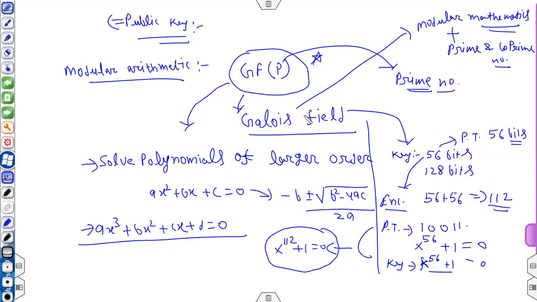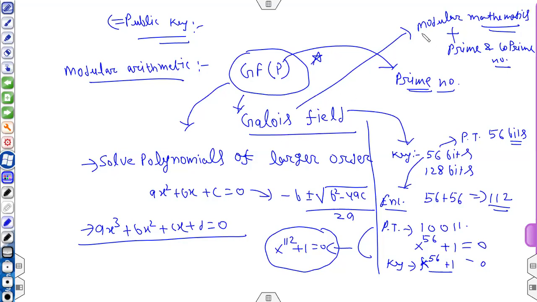With the help of Galois field, we get correlated sub-polynomials of the bigger polynomials, and we solve those polynomials accordingly and get the answer. So this is the revolutionary method in even network security or cryptography.